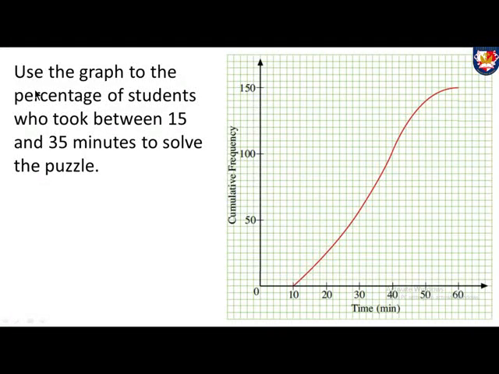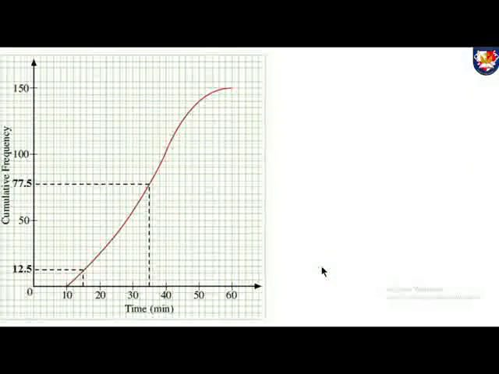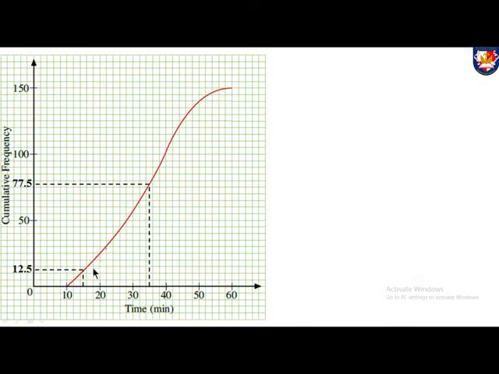Next question. Use the graph, still the same graph, to find the number of students who took between 15 and 35 minutes to solve the puzzle. You do the same as before. You estimate where 15 is, around here, and then you make a straight vertical line to the curve from 15, and then from the curve a straight horizontal line to the y-axis, and you'll find 12.5.